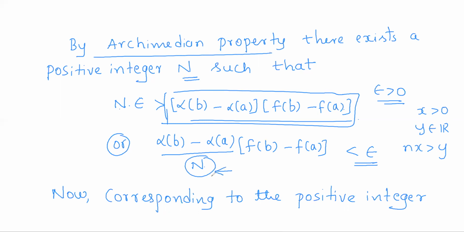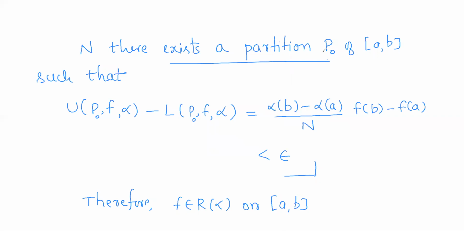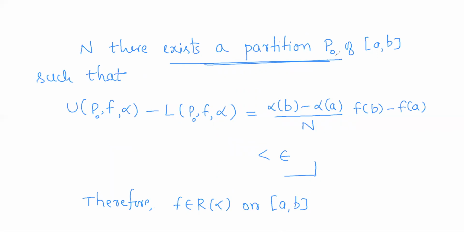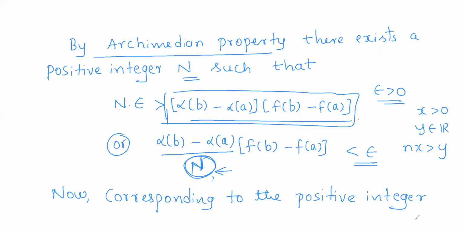Now for this corresponding positive integer n, there exists a partition. As we did earlier, starting with an arbitrary positive integer n, now consider this positive integer n corresponding to the positive integer capital N. So there exists a partition, say P naught, such that U P naught F alpha minus L P naught F alpha will be alpha of B minus alpha of A by n into F of B minus F of A, which can be made less than epsilon using the Archimedean property.